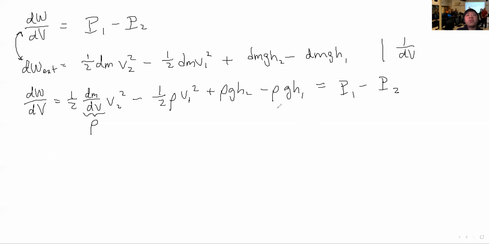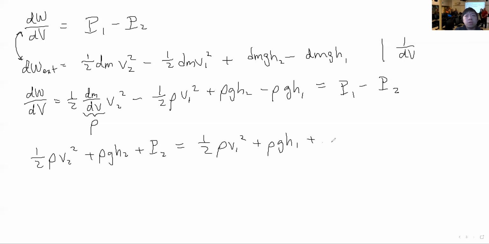So if we move all the ones and all the twos to their respective sides, we get half rho v2 squared plus rho g h2 plus P2 is then equal to half rho v1 squared plus rho g h1 plus P1.